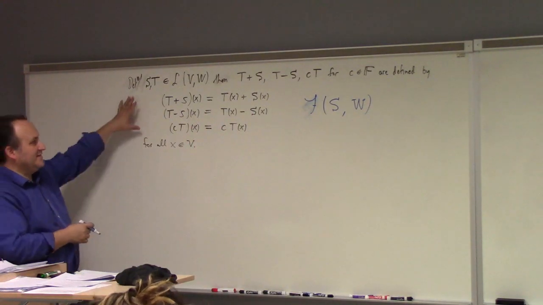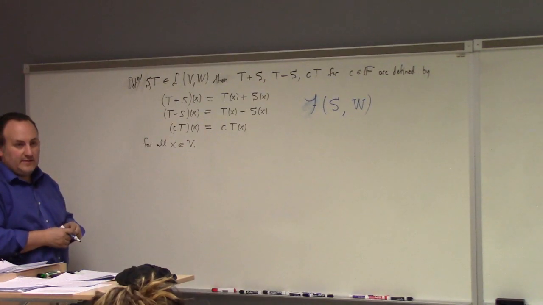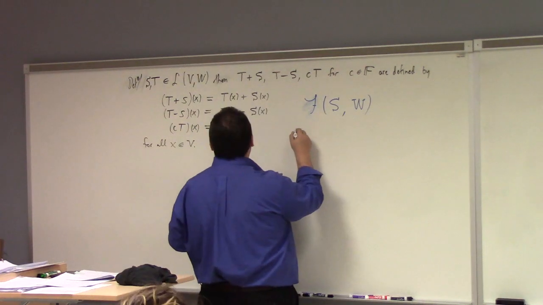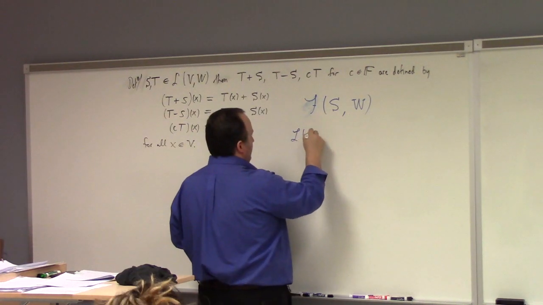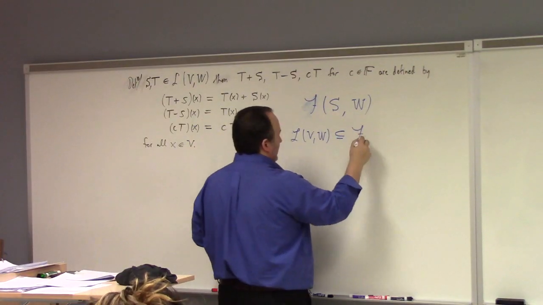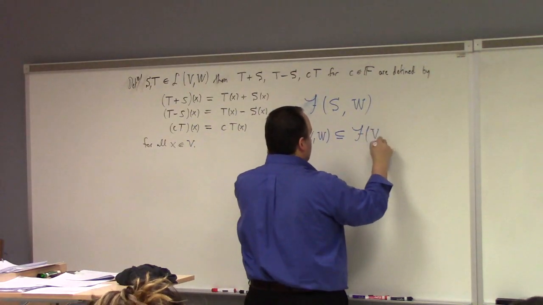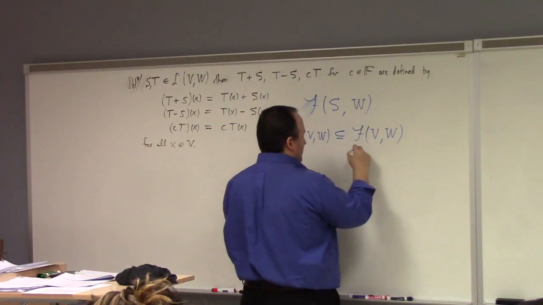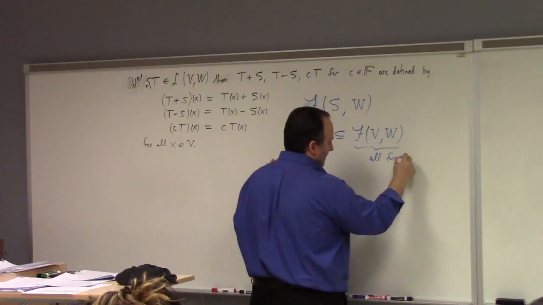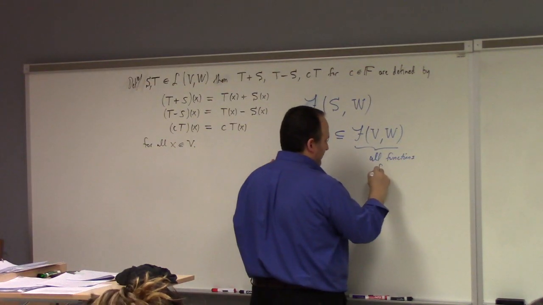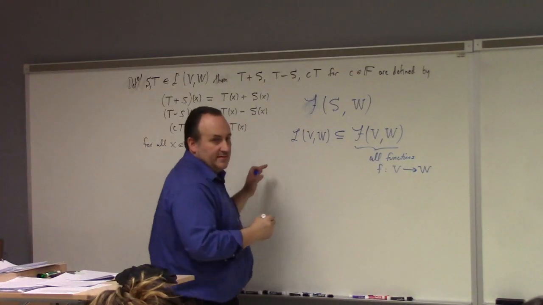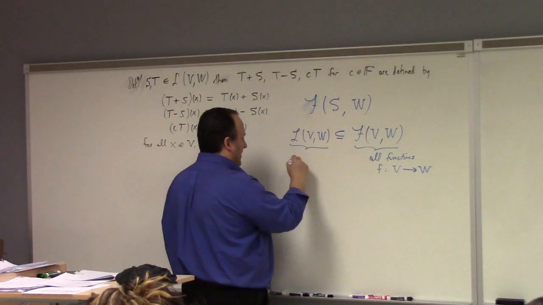And technically speaking, this is exactly that addition. So to be fussy, L of V, W is actually a subset of the abstract functions from V to W. So here's all functions F from V to W. They could be nonlinear, and this here is just the linear maps.